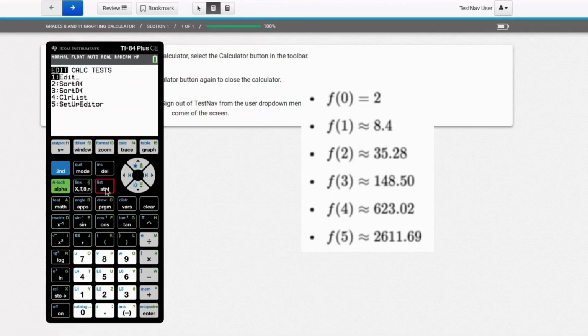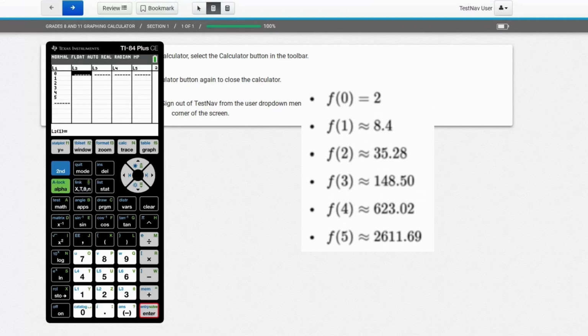All right, so stat, edit, 0, 1, 2, 3, 4, 5, and then we have 2, 8.4, 35.28, 148.50, 623.02, and 2611.69.